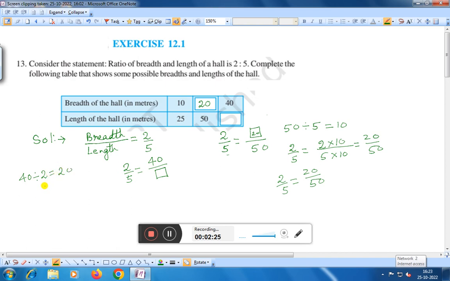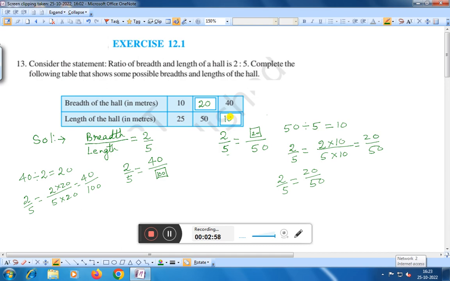Therefore, we multiply both numerator and denominator by 20. 2 into 20 is 40 and 5 into 20 is 100. Therefore, 2/5 is equal to 40 by 100, so the value here will be 100.